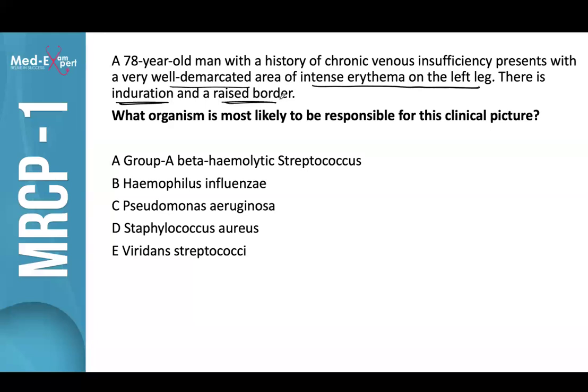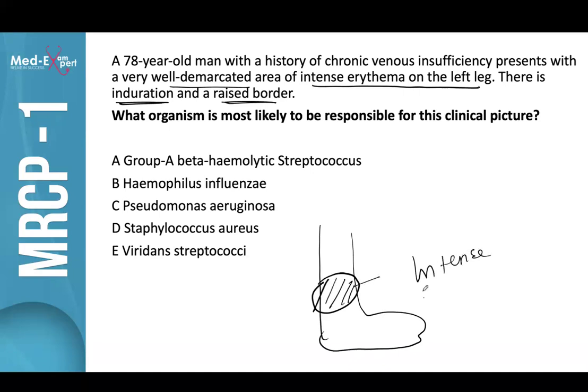Somebody with chronic venous insufficiency, a well-demarcated area of intense erythema, raised, indurated. So this is a kind of superficial cellulitis.